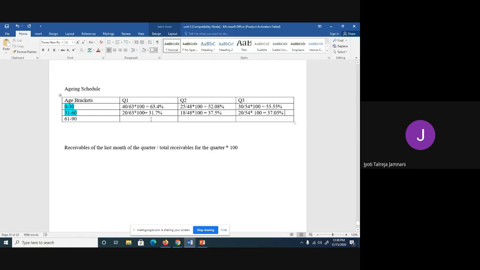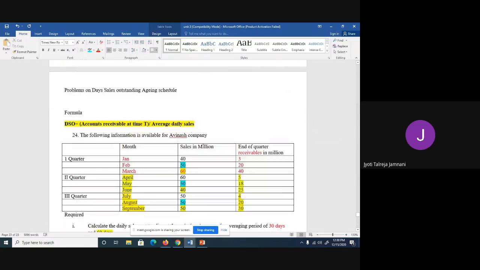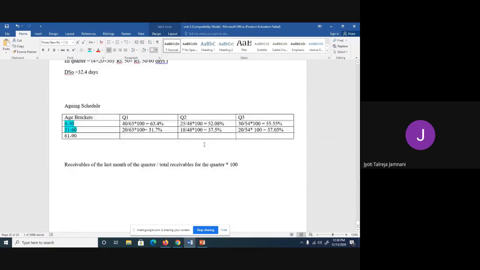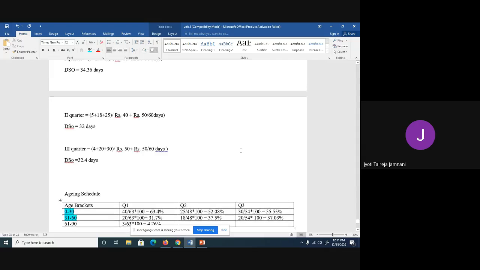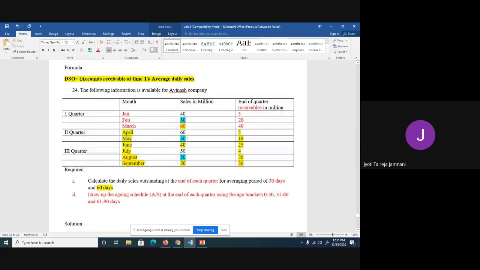Now the last, 61 to 90 days, is nothing but the first month of the quarter we will take. So which is January here in the first quarter. So 3 divided by 63 into 100, which is equal to 4.76%. Then the first month of the second quarter we will see. Second quarter, first month is April. 5 is the sales, receivables.